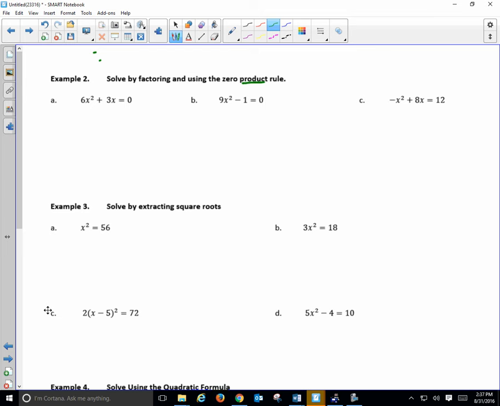What can you factor? An x and a 3. So we're going to take a 3x, we're going to put it up front. We take the 3x out. What is left here? 2x plus, what's left here? 1.